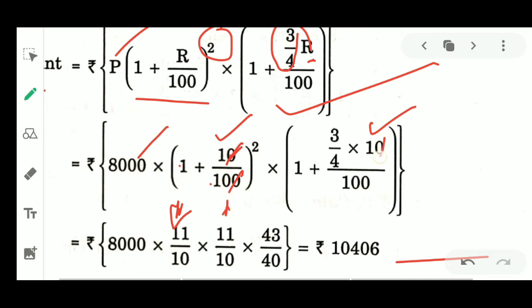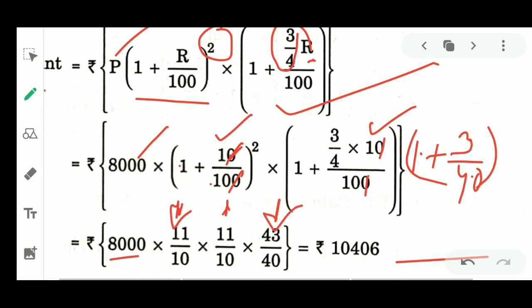Now here the zeros will be cancelled, so this will be 1 plus 3 by 40. Okay, so 40 plus 3, 43 by 40. So here 8000 into 11 by 10 into 11 by 10 into 43 by 40.